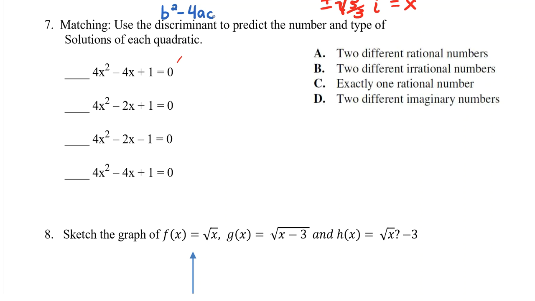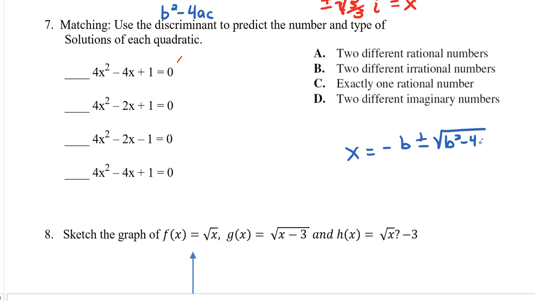If the discriminant is 0, then the only part of the quadratic formula that would be left, let's take a look at it again, is the -b/2a.